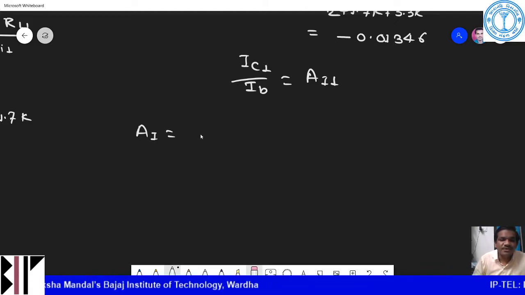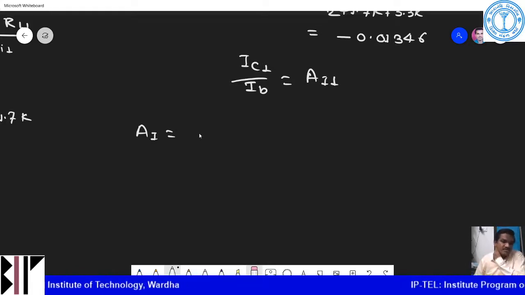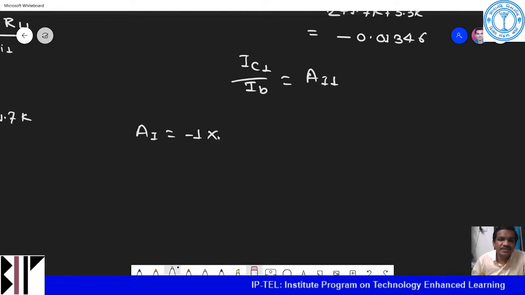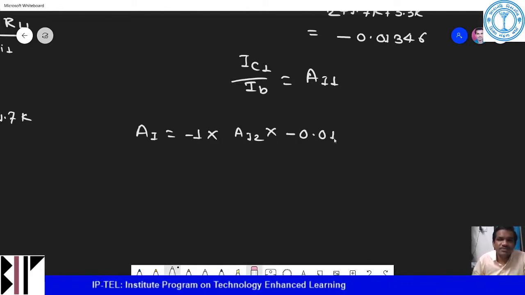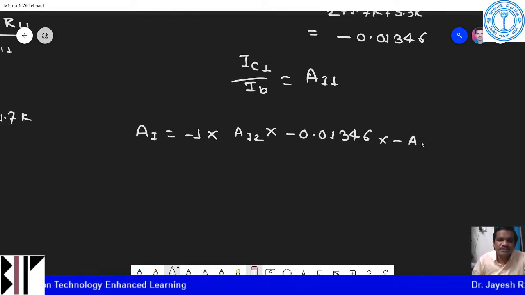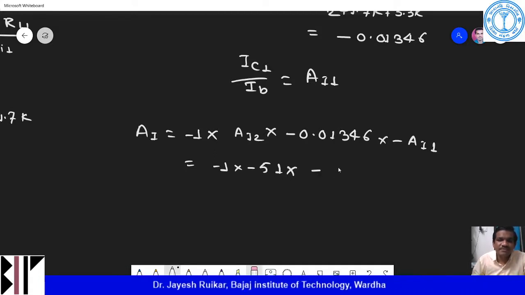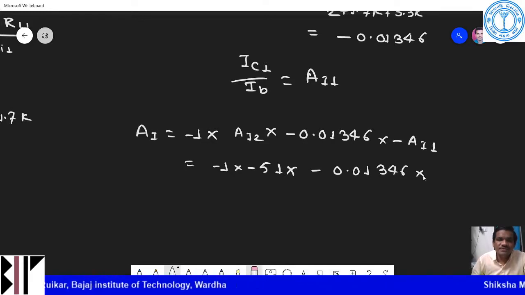First, IO divided by IE2 is equal to -1, then AI2 multiplied by minus 0.01346, multiplied by minus of AI1. So -1 multiplied by minus of 51, multiplied by minus 0.01346, multiplied by minus AI1, which is -50.